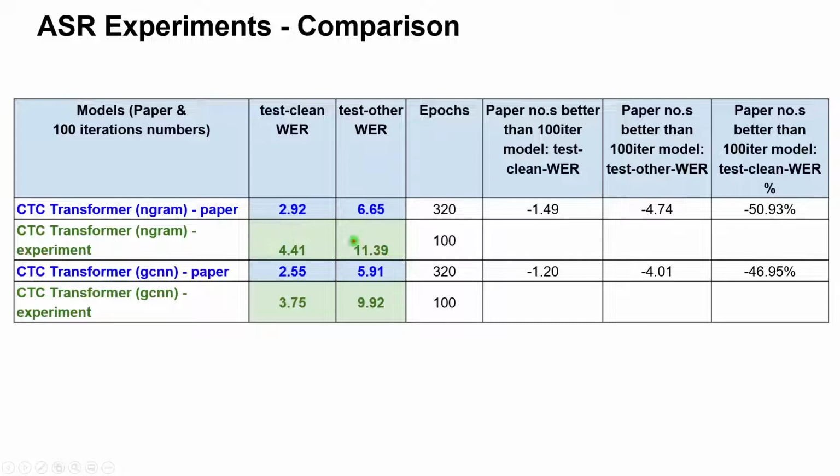So I think longer training and more experiments are needed to give better results on test other, which is the noisier dataset. After about 100 epochs, I was getting about 50% more errors compared to what the paper was claiming, but this turned out to be very close.